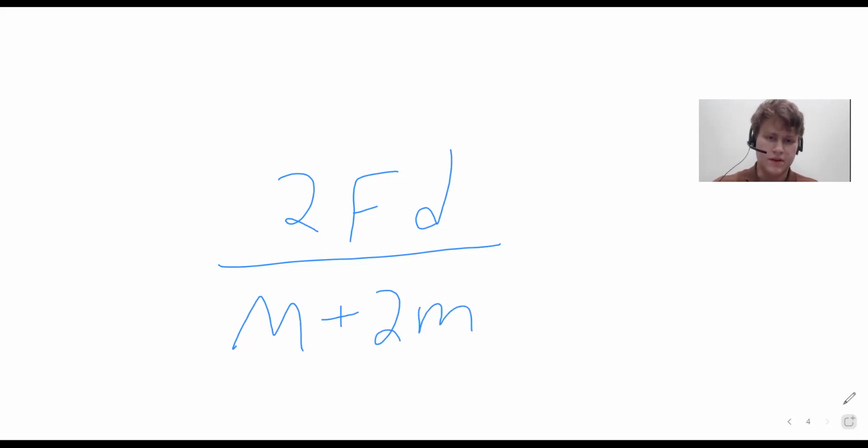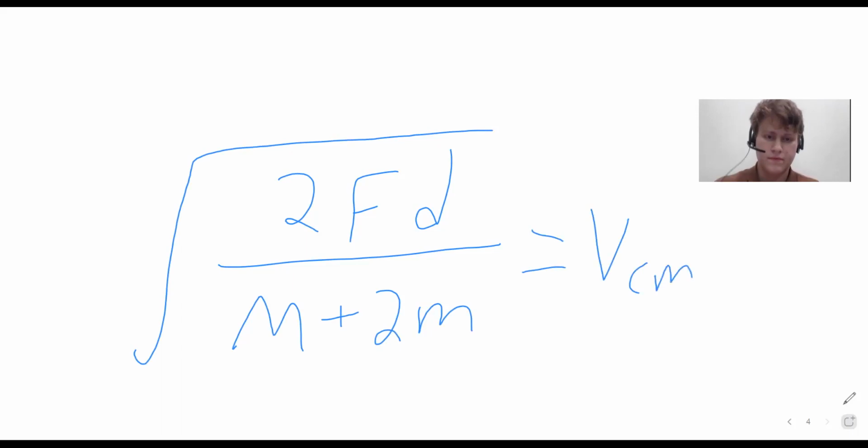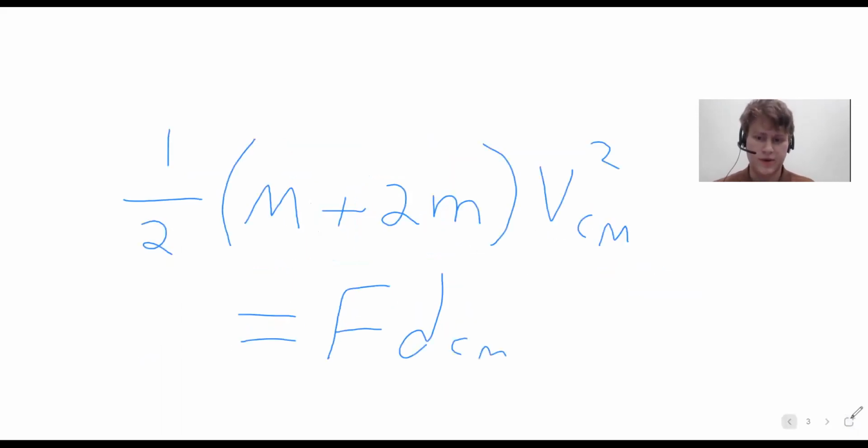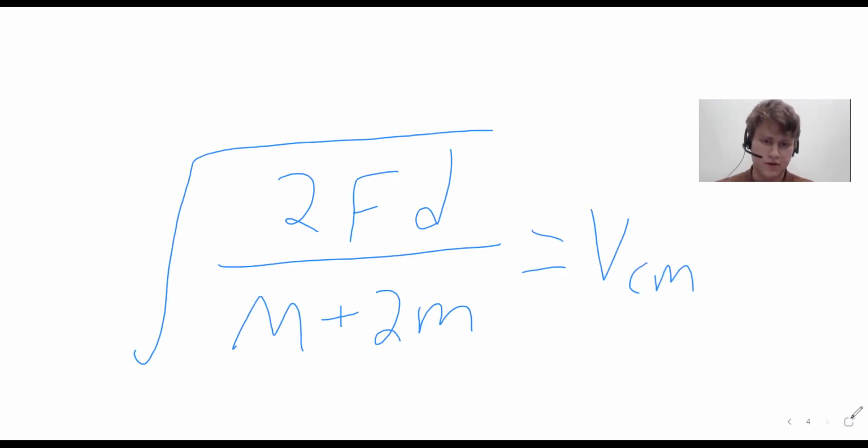And then to solve for the velocity, we would then just take the square root of this. If it would help all of you, I can go back to the previous slide here. So you just take both sides, multiply by 2, divide by capital M plus 2m, and then take the square root, as we have done here. So this gets done part A of the question.